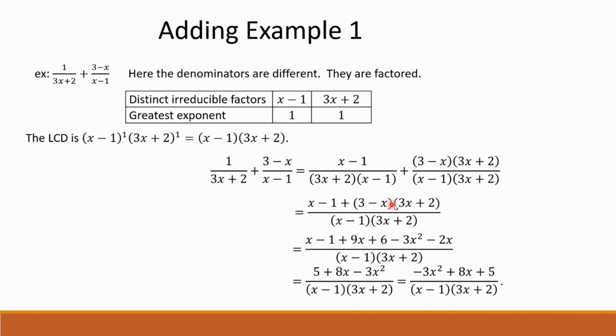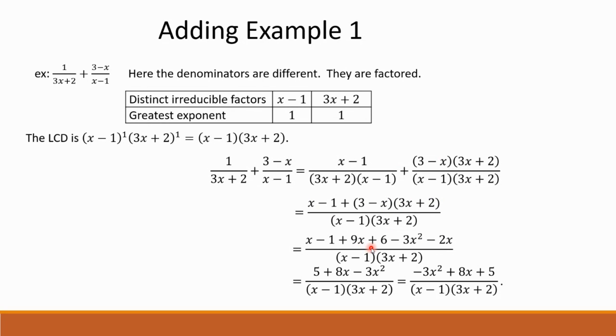So here, we're going to FOIL, that is, we're going to multiply 3 minus x with 3x plus 2. And when you FOIL this product, that is, you multiply, we get this. And so we now combine like terms.